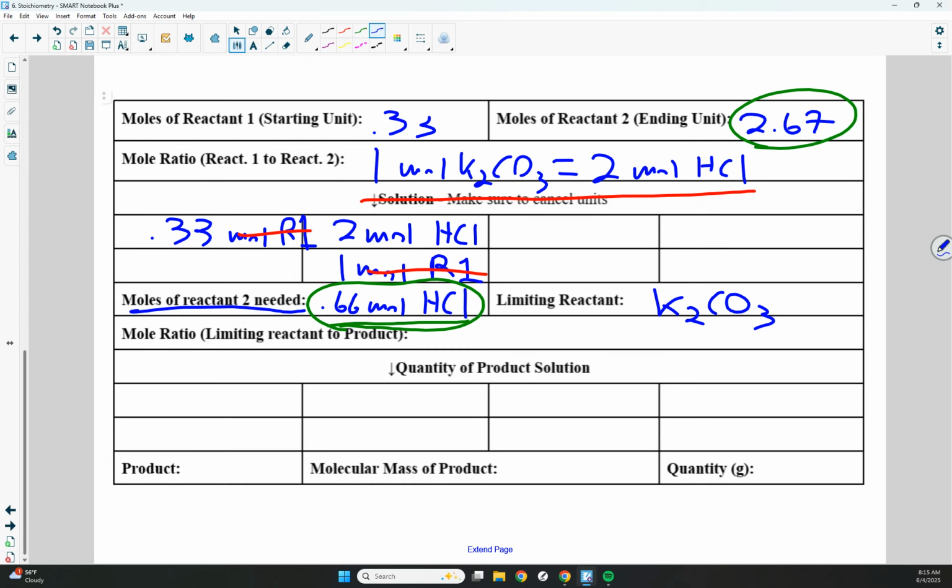So first of all, I'm going to write down my product of interest down here, KCl. It's got a molecular mass of 74.548 grams. And my mole ratio, we just said, was 1 mole of K2CO3 for every 2 moles of my product of interest, which is, again, KCl.